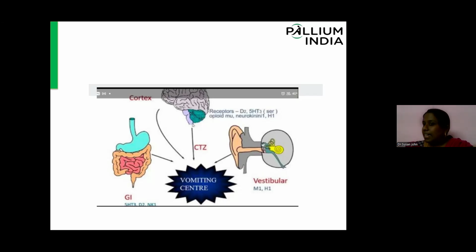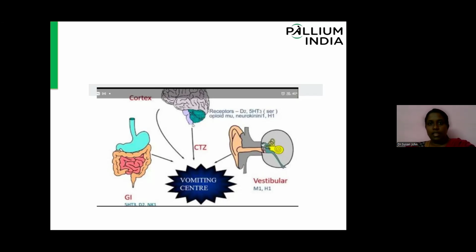This is a little bit confusing, so you have to learn carefully, and if you have any doubts, you can ask in between. So there are four areas: one is GIT, the next is cortex, and the third is CTZ. What is CTZ?